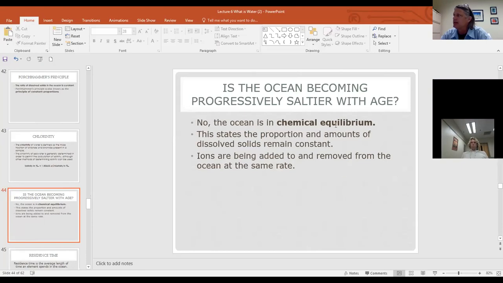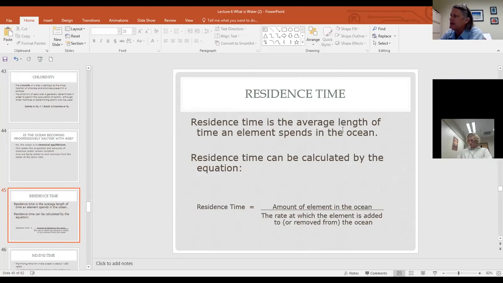So the ocean is in chemical equilibrium because it's had these billions of years to reach equilibrium. Ions are added at the same rate they're removed. And how long something stays in the ocean is called the residence time. It can be anything from an ion to dissolved oxygen to water itself through evaporation.